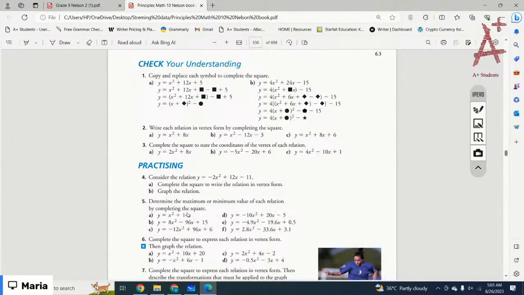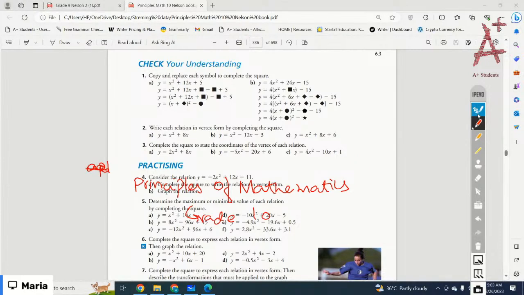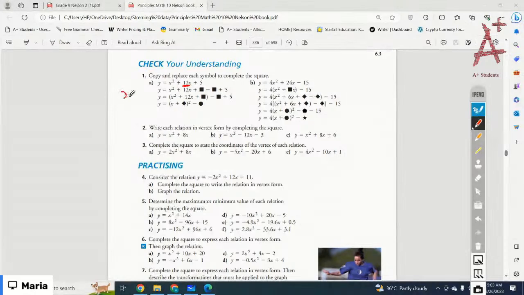Let's start with the question. Y equals x square plus 12x plus 5. Copy and replace each symbol to complete the square. For x square plus 12x, you have to add and subtract which number? You can see here you have 12x, that means it would be 2 times 6.